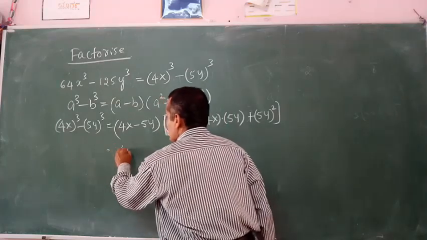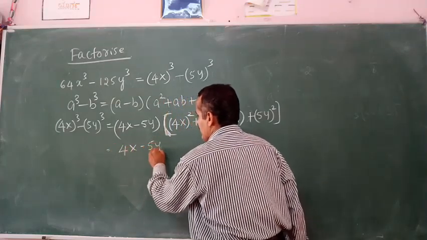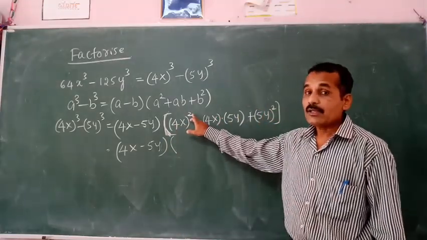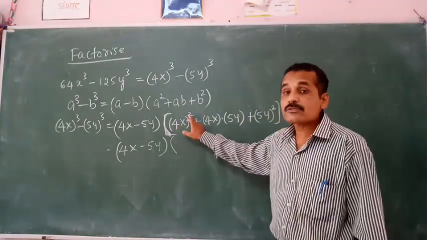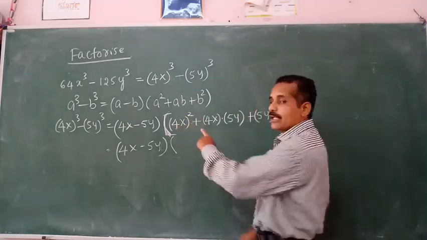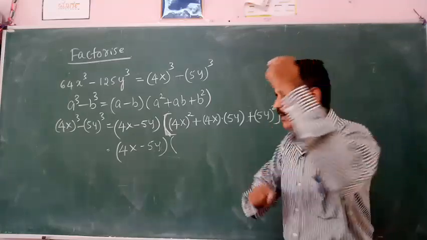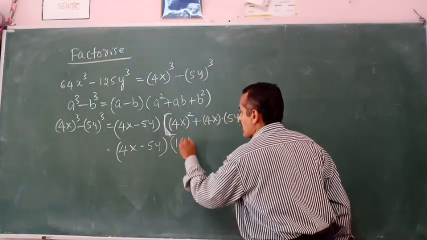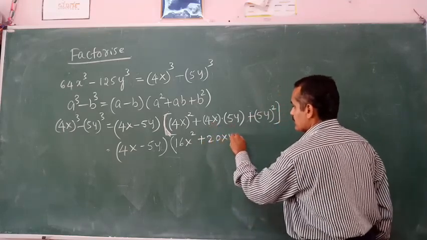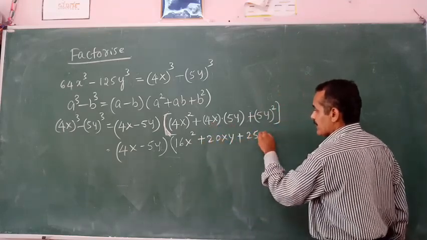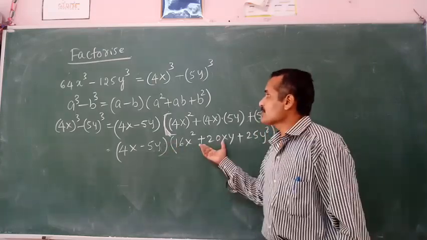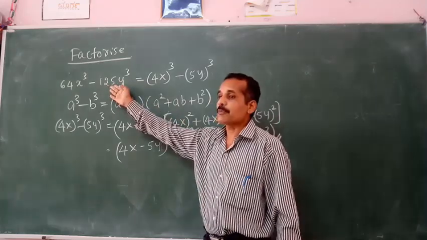Okay, final answer: 4x minus 5y into 4x square. Listen to me, it is not 4x square. It is 4x the whole square, which means 4 also has to be squared and x also has to be squared. It is 16x square plus 20xy plus 25y square. These are called the factors of this particular problem.